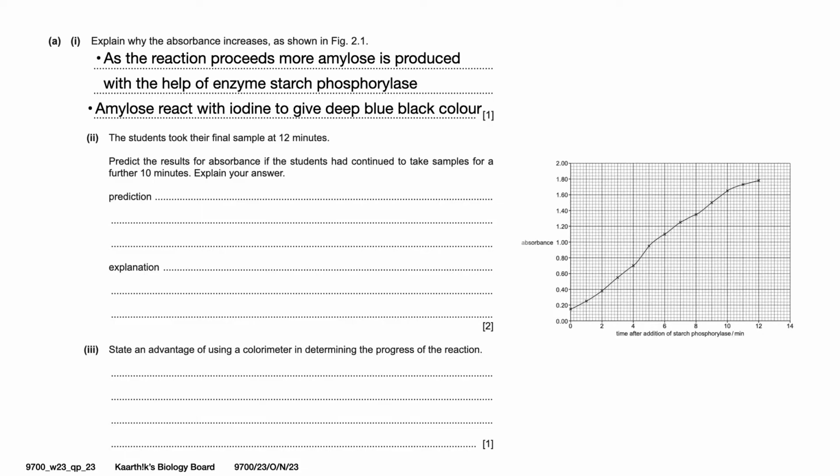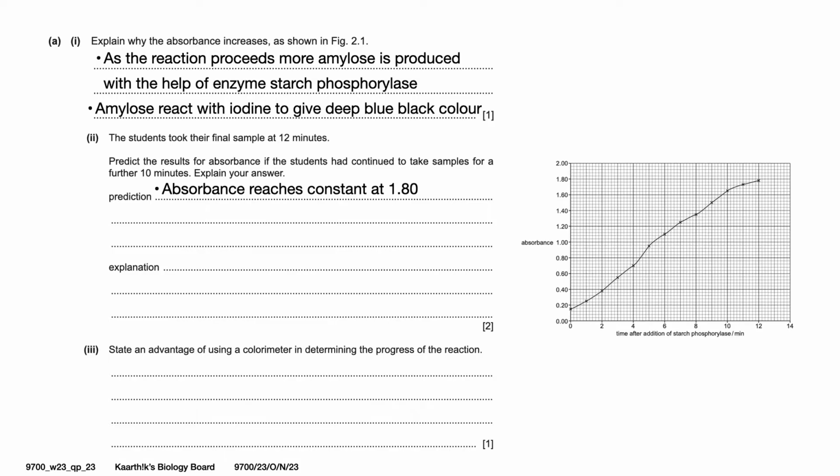So here as we see in the graph, the absorbance value is increasing as the time increases, but the prediction is that absorbance reaches a constant at 1.80. Why this absorbance reaches constant at 1.80 is because the maximum value we can get for absorbance is 2. So beyond 2 the absorbance will not increase.